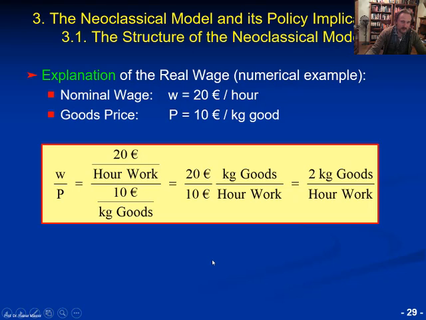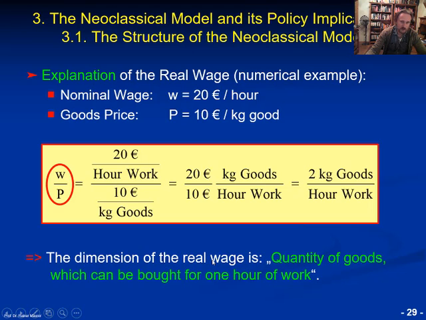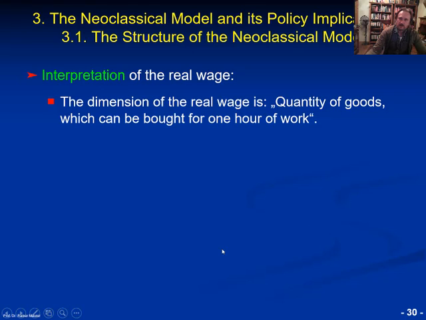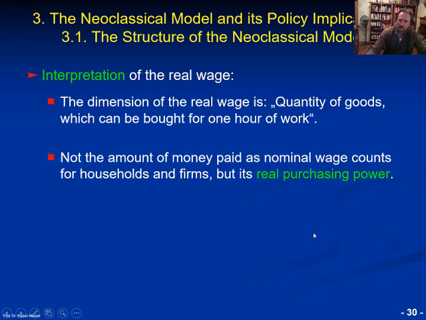So the dimension of the real wage is quantity of goods which can be bought for 1 hour work. Once again, the dimension of the real wage is quantity of goods which can be bought for 1 hour of work.